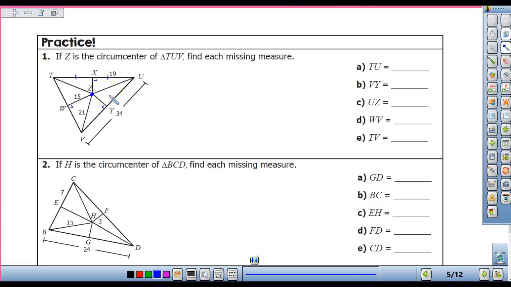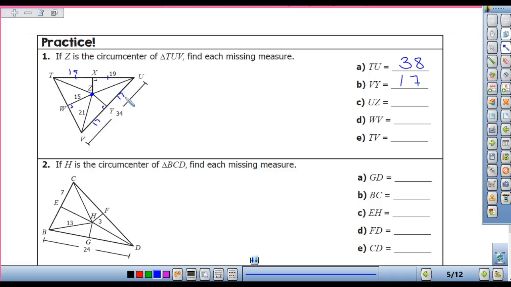So if XU is 19, what's TU? 38. Yep, got to double it, because if XU is 19, TX is 19, the whole thing is going to be 38. If VU is 34, what's V-what? 17, all right. So it cuts it in half. That's 17, that's 17.